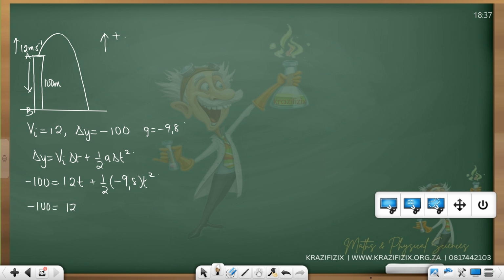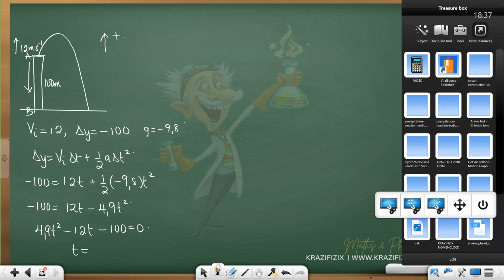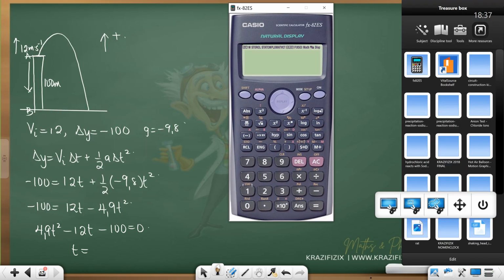Negative 100 equals 12T minus 4.9 T squared. If I move all of that, 4.9 T squared minus 12T minus 100 is 0. We use our quadratic formula. You are going to get two answers and you discard the negative one.